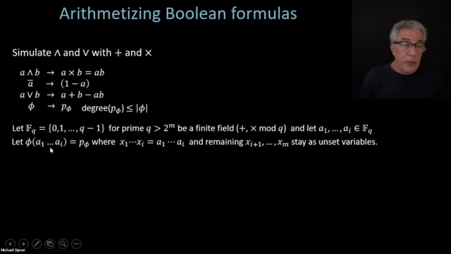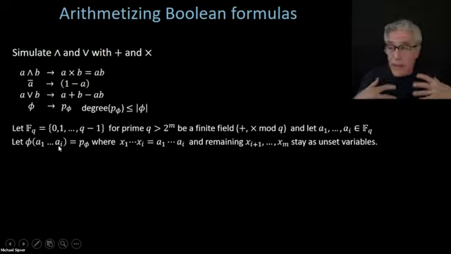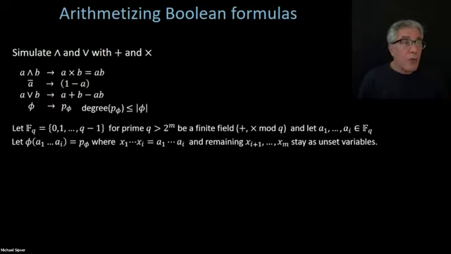And in order to give a meaning to that, we're going to treat that formula as the polynomial from the arithmetization and just plug in those values into the polynomial and see what the polynomial does for you. So here we're going to be presetting some of the values of the formula like we did before. Now in the polynomial, we're going to be pre-assigning some of the values of the variables to these a's from the field, and the remaining variables are going to stay as unset.